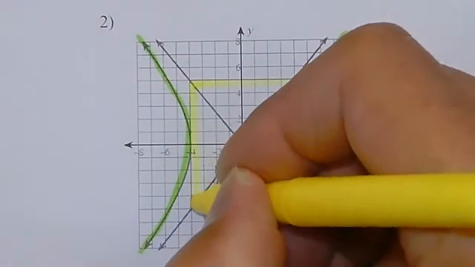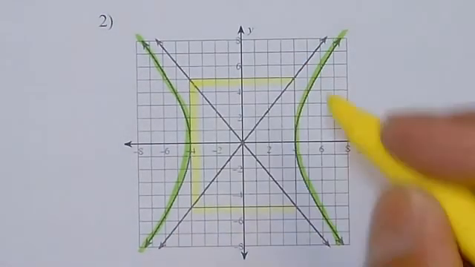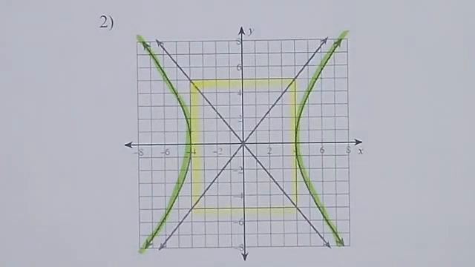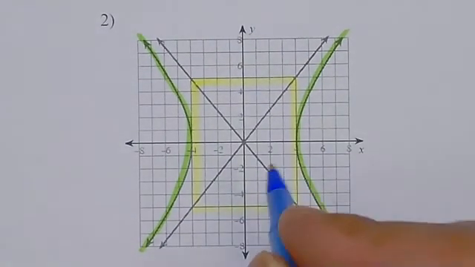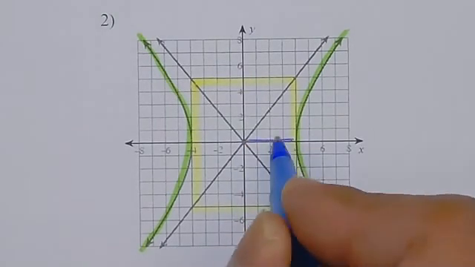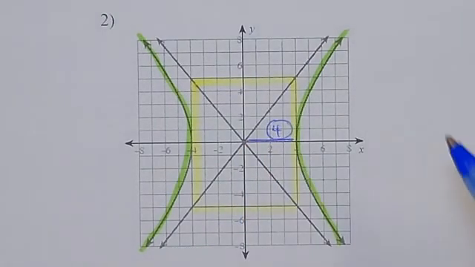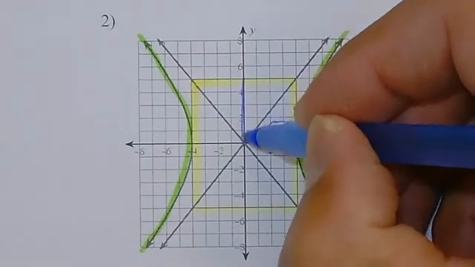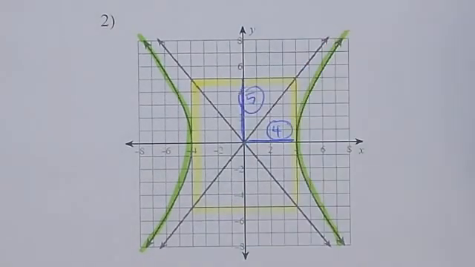Well, you have good eyes then. Yeah, it's right here. Okay, so let me just count right here. How much is this? 3? No, it's 1, 2, 3, 4. Oh, it's 4 this way. And it's 5 this way.